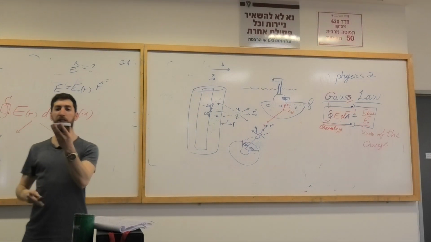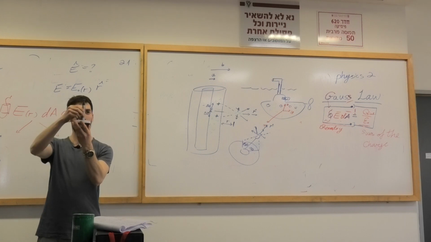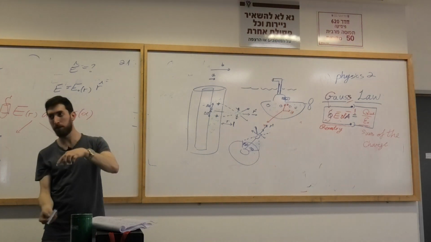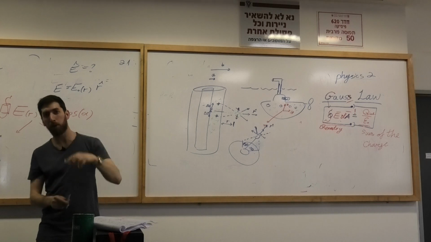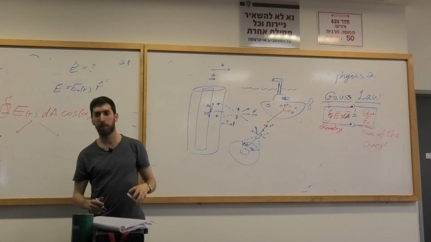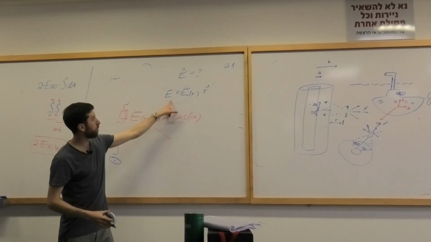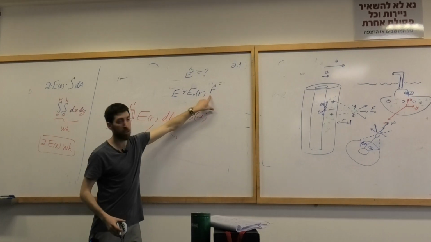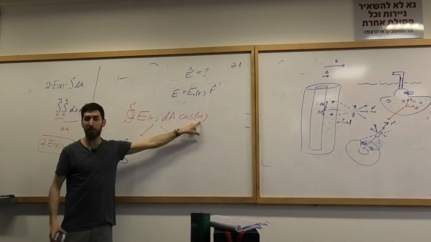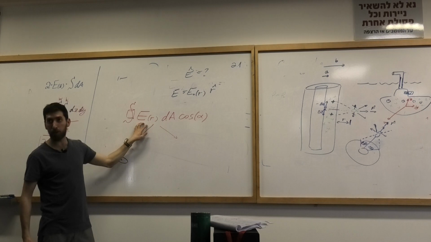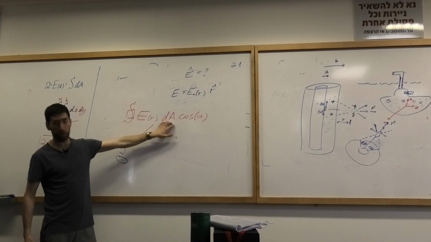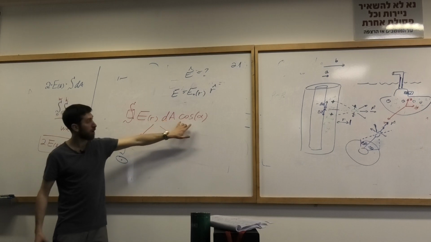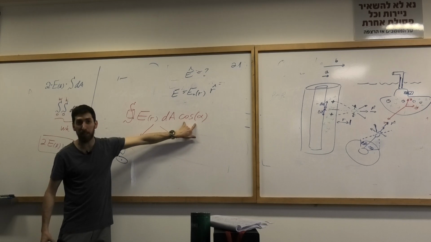What is the direction of the dA? This is the size, this is the direction. We're going to take this integral, many locations of E, many multiplications by area, and each one has a distinctive angle.